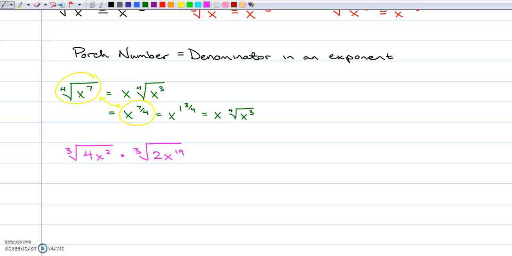They're both cube roots, so that's okay. Works for me. I'm just going to multiply their insides together since they have the matching porch number. Now, if they don't match on the porch, that causes me an issue. That means I have to think a little bit more. But this problem gives me something like the cube root of 8x to the 21, which turns out to be 2x to the 7th.